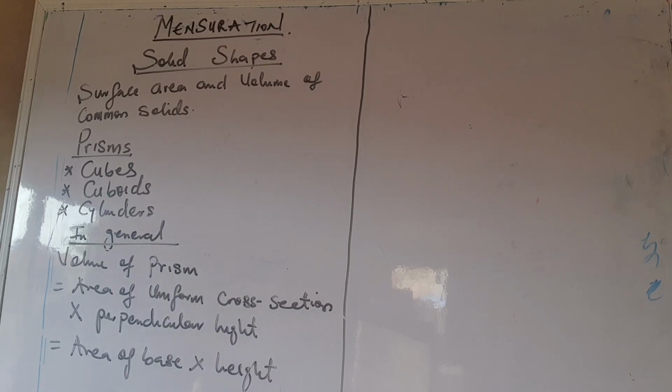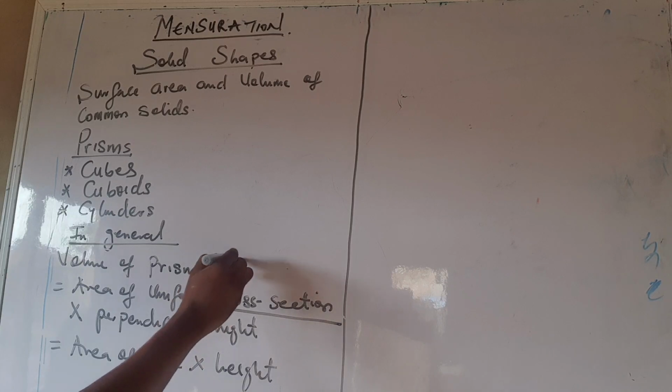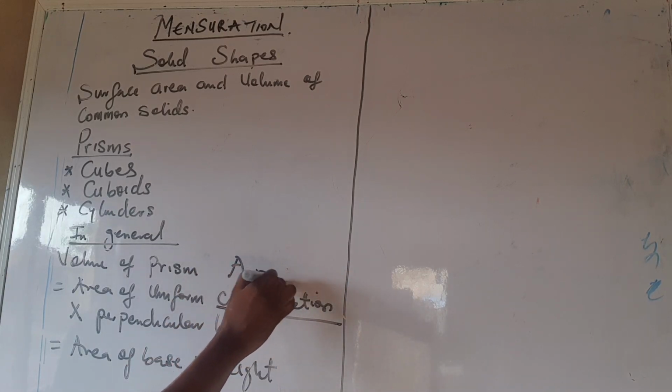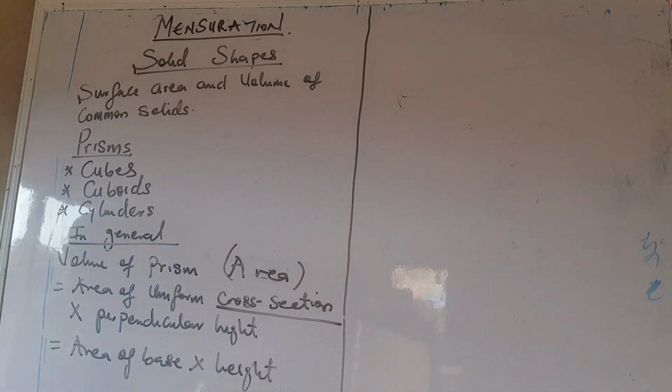A little explanation: the cross-sectional area is the area of that base, and at times we talk about the depth, or how deep the solid is. So the volume of a prism is the area of the base multiplied by the height.